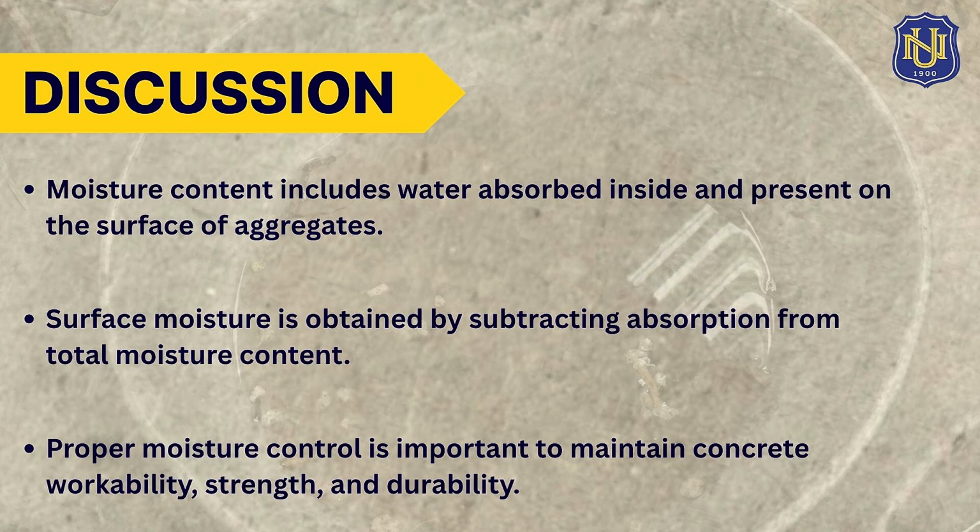Accurate measurement is very important during the experiment. Errors in weighing or incomplete drying may affect the reliability of the computed results. Understanding the moisture condition of aggregates is essential because too much or too little water in concrete can affect workability, strength, durability, and overall structural performance.